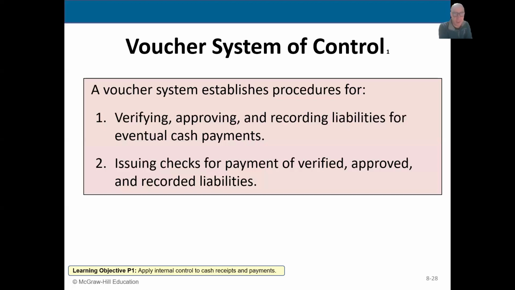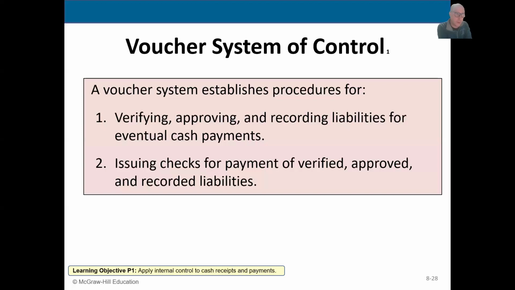A voucher system tracks the cash payments through a paper trail: verifying, approving, and recording liabilities for the eventual cash payments, and issuing checks for cash payment of verified, approved, and recorded liabilities. That's a voucher system. I always use a voucher system for every bill that I pay for the business.